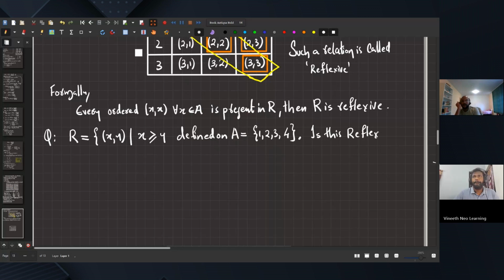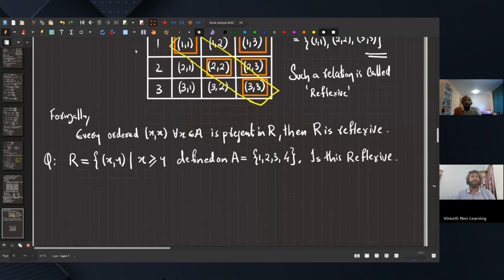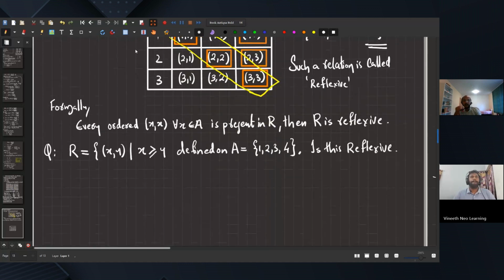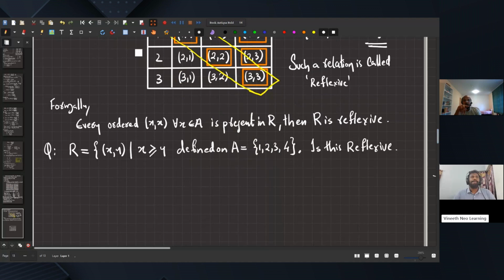Yes. Why? Because the condition is x is greater than or equal to y, which implies that x can be equal to y. So for every x, there is also an (x, x). It is reflexive. This is a very straightforward idea.